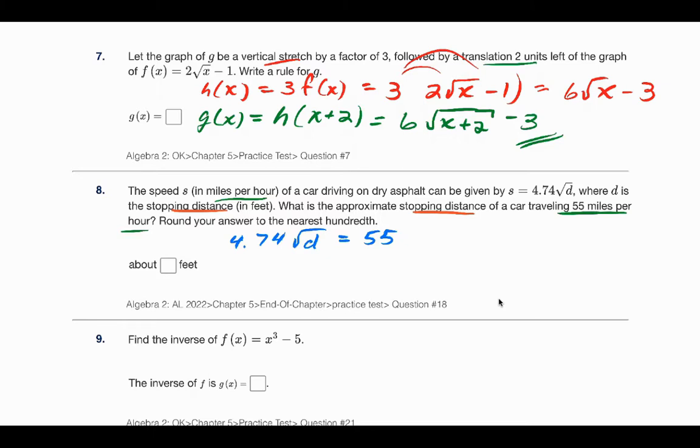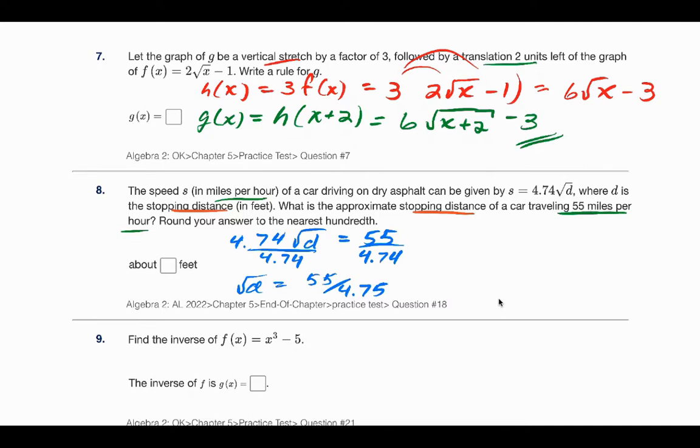So as you can see, what we're going to do here is we're going to solve for D. So the first thing I'm going to do, I'm going to divide both sides by 4.74. And when I do that, I will get that the square root of D is equal to 55 divided by 4.74. And I would just keep it like this for right now. Once I'm done, then we can go ahead and do everything.